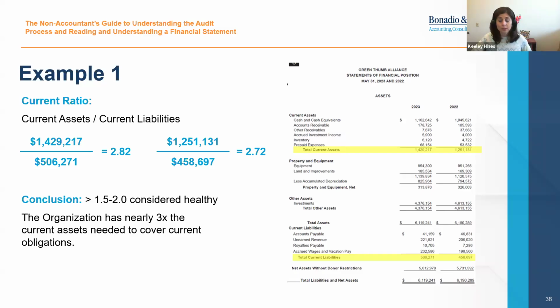So really for a nonprofit, anything around 1.5 to 2 is considered healthy. In this particular example, Green Thumb has exceeded that. So what that means is that they have plenty of liquid available assets to pay any of their bills and amounts due to third parties. So this indicates financial health and your ability to meet those obligations.